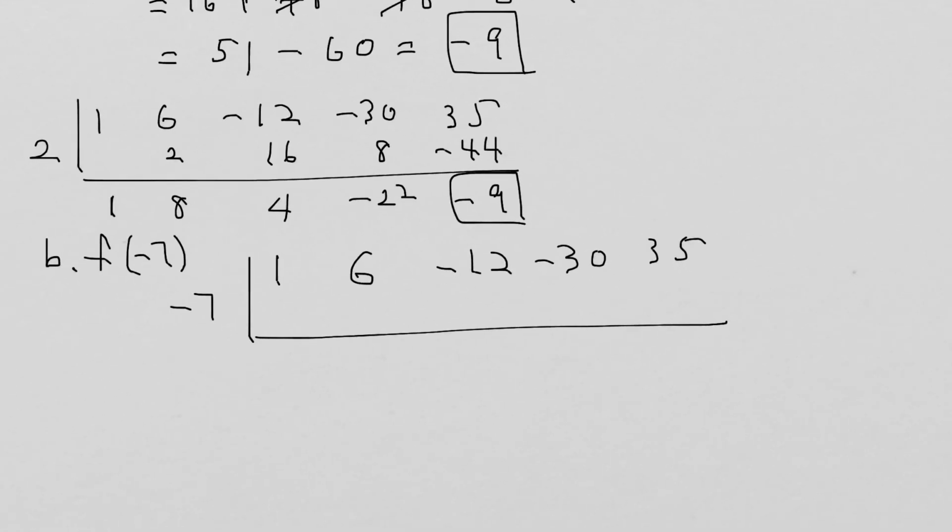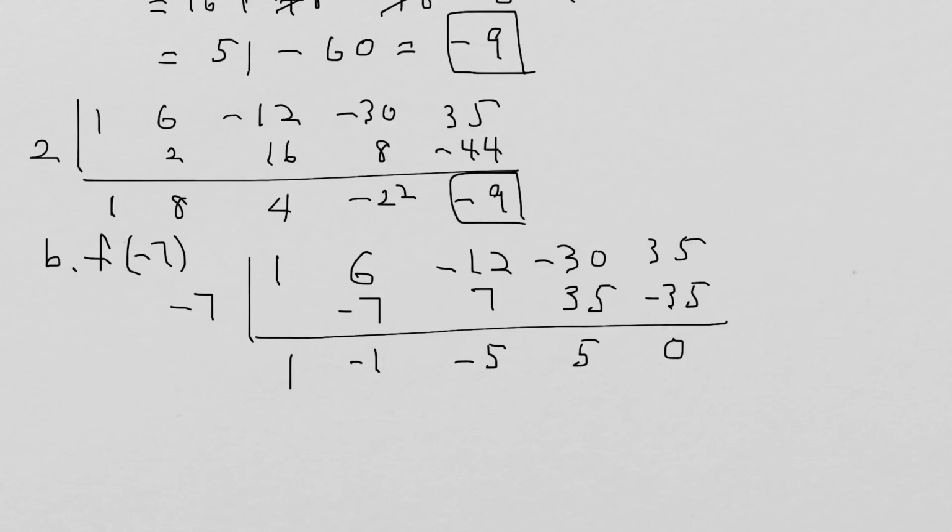And bring down 1, so you have something to multiply. 1 times negative 7, add, will become negative 1. Negative 1 times negative 7 is positive 7. Add those two numbers, negative 5. Negative 5 times negative 7 is positive 35, which gives you 0 here.